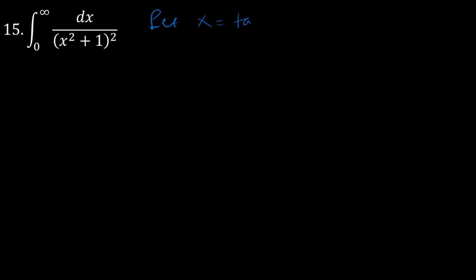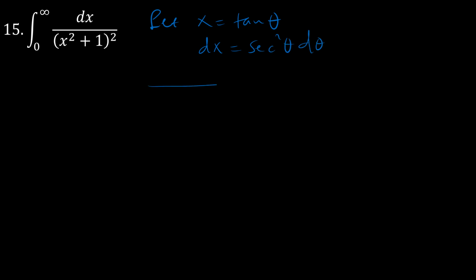So problem 15, and this is the last problem for today. What I'll choose to do is I'll say let x be equal to tan theta such that dx is equal to sec square theta d theta.